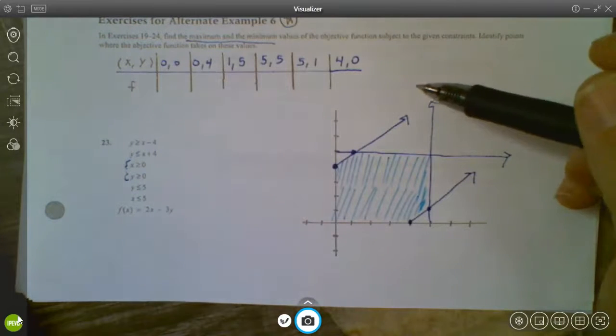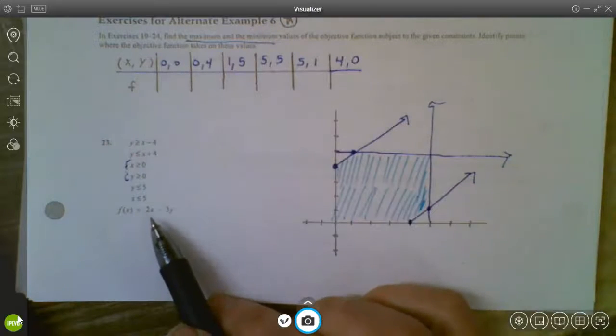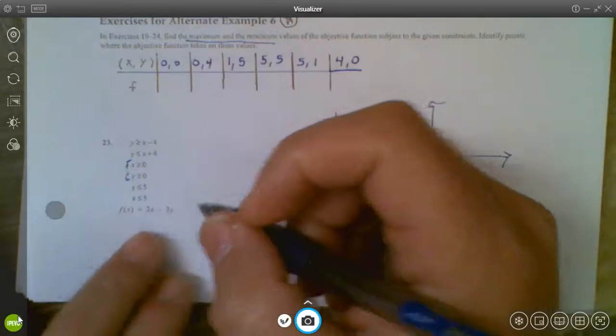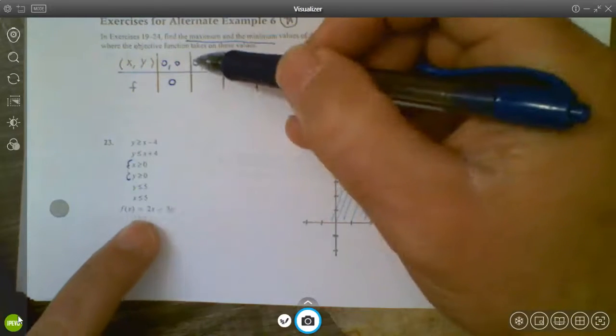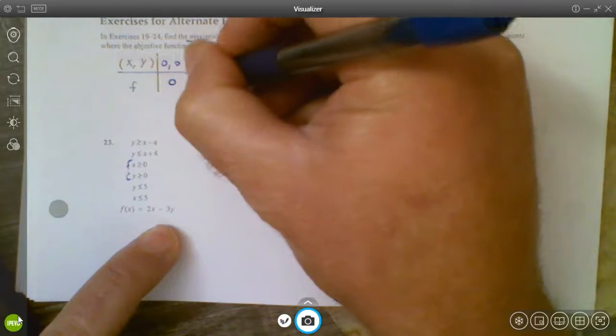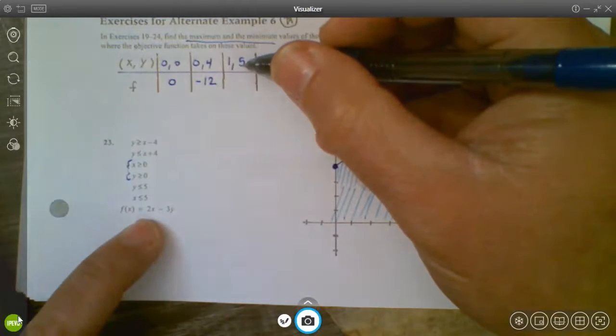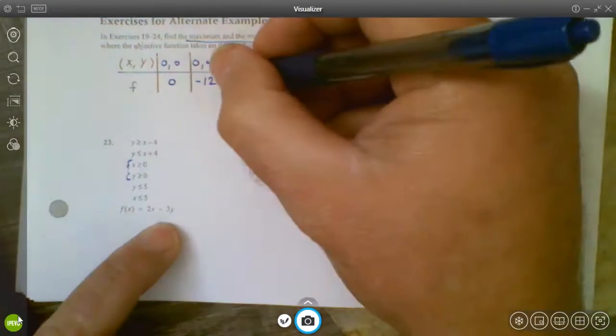So let's identify maximums and minimums by just simply plugging in these numbers into the objective function. So if I plugged in 0 for both, I would get 0. If I plugged in 0 for x and 4 for y, I would get -12. And let me just keep going down the list here. So let's see, that would be 2 minus 15.